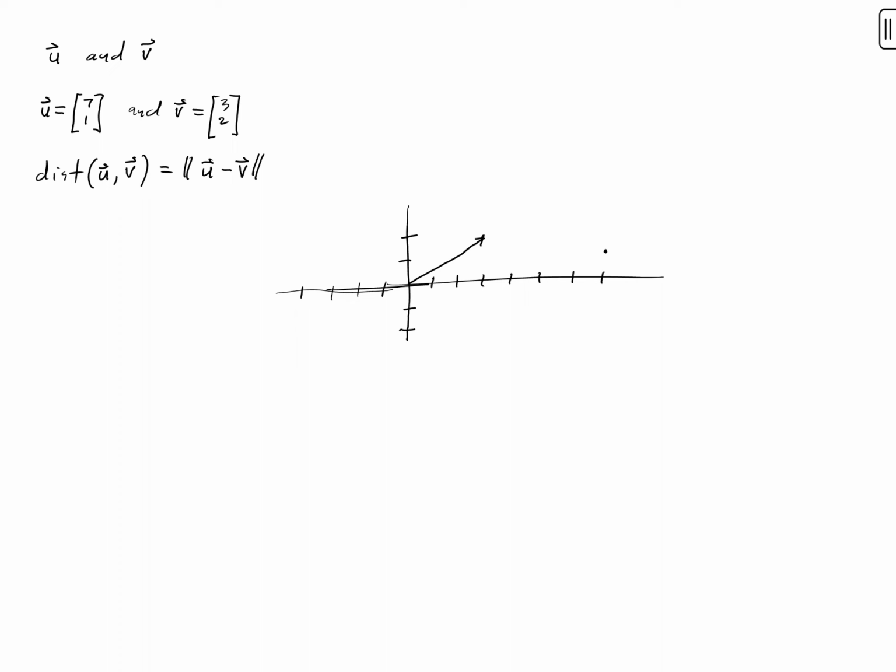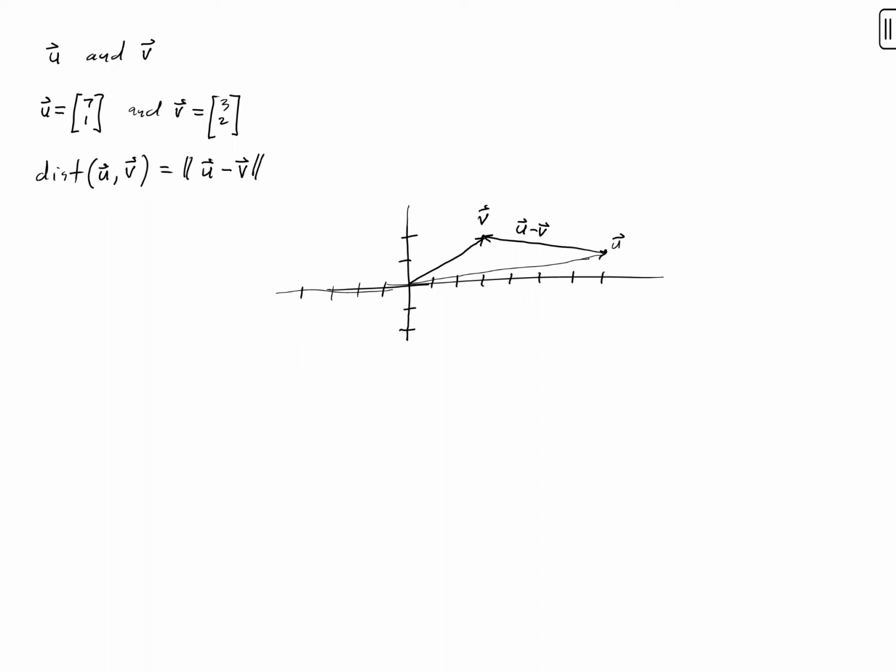That's this point. And so if I look at u minus v, so this was v, this one was u, that's this vector. And so that vector is going to be the distance between these two vectors, between the arrowheads on these two vectors.